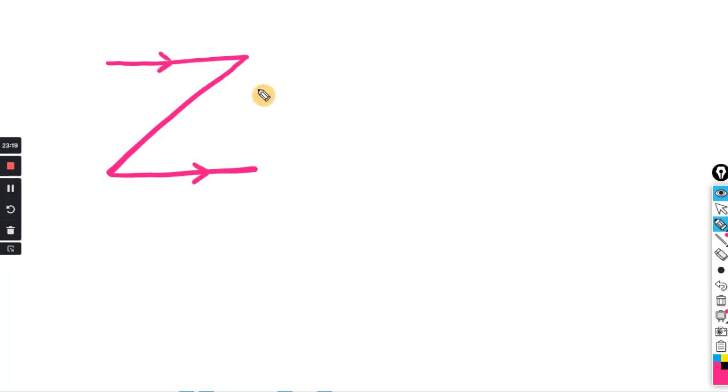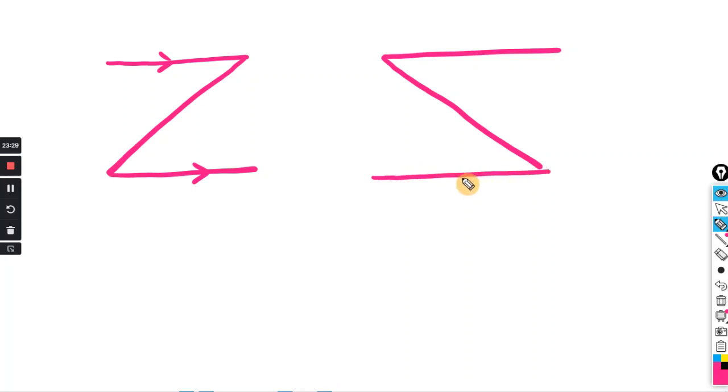So if you were to draw a Z shape and make those lines on the top and bottom parallel, and then a backward Z, make those lines on the top and bottom parallel, the lines inside the Z would be congruent.